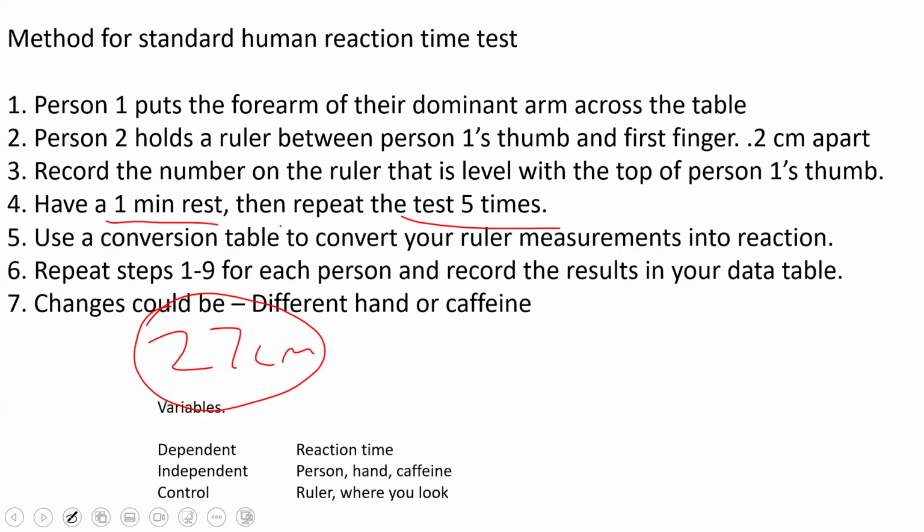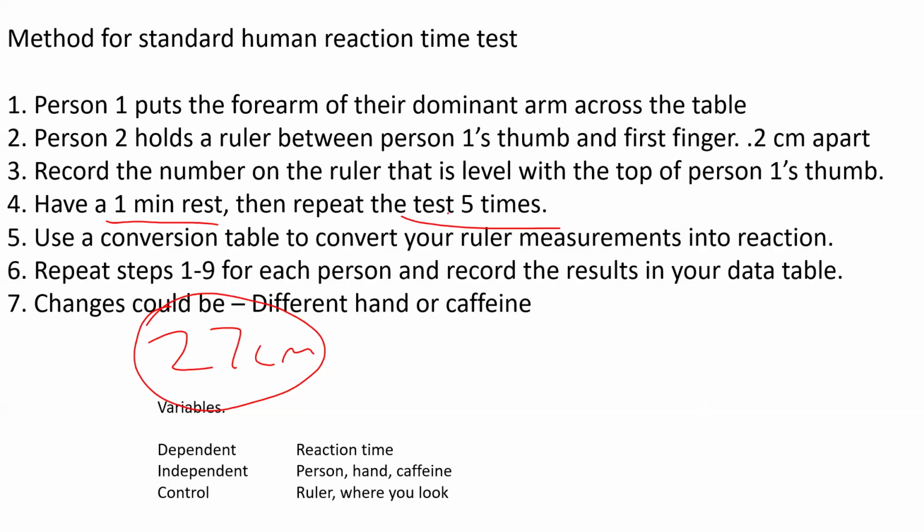Again, look out for what they're testing, because if it is something like caffeine, you've got to give 30 minutes for the coffee to be absorbed. It's very difficult to predict exactly what it is, but if you go through the method I've just told you, and then look out for what they are comparing.